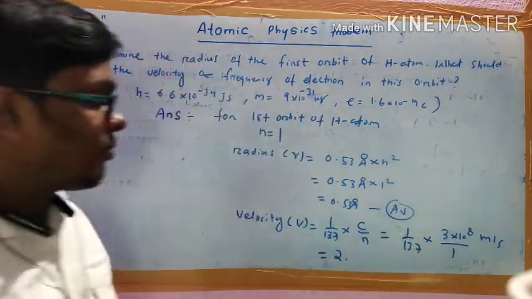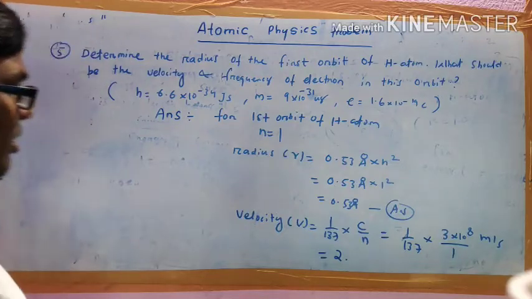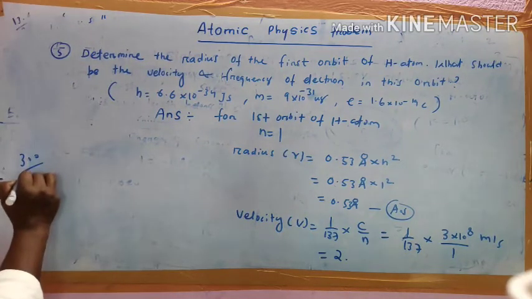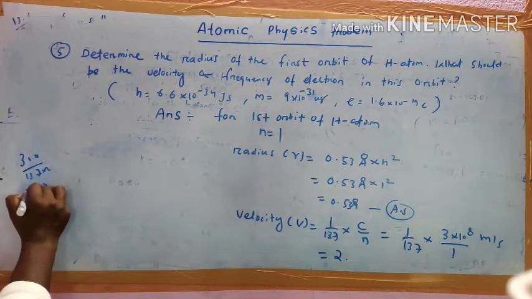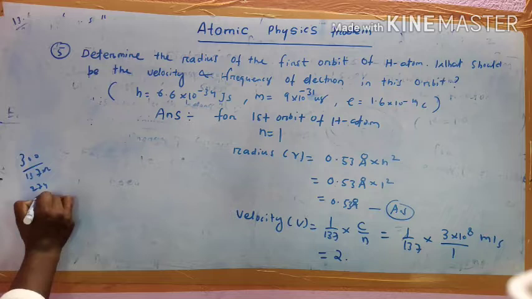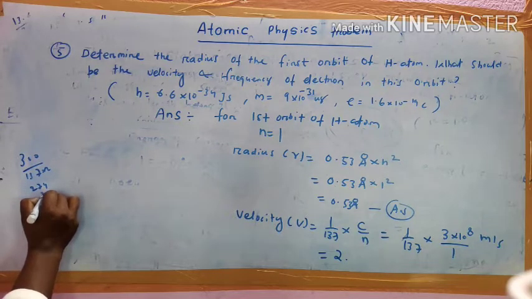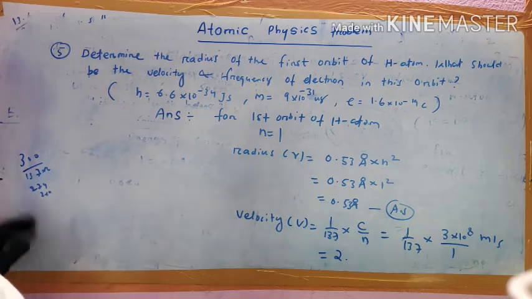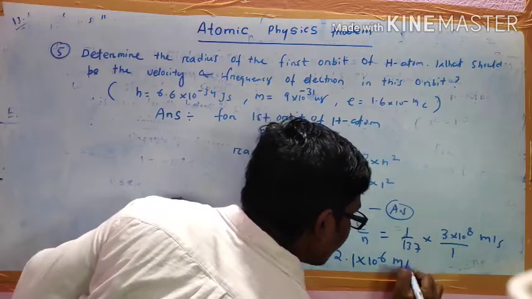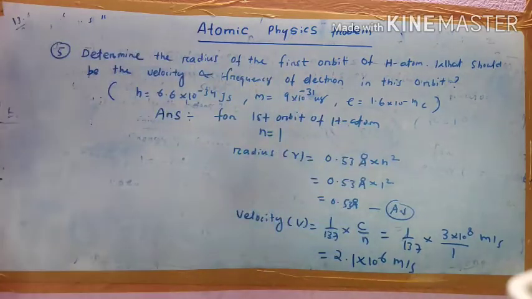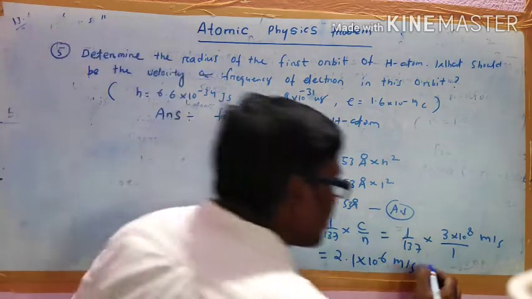This is 300 by 137, which is about 2.1 into 10 to the power 6 meter per second. Okay, so this is our velocity answer.